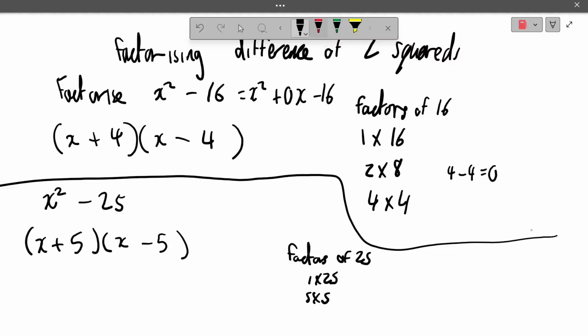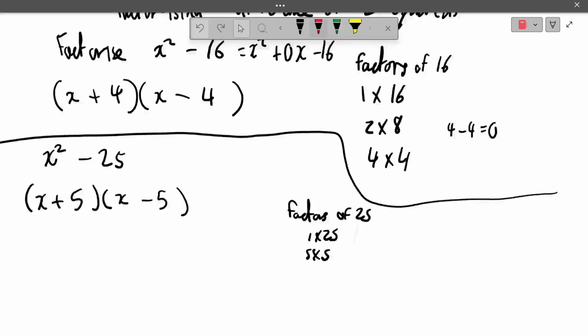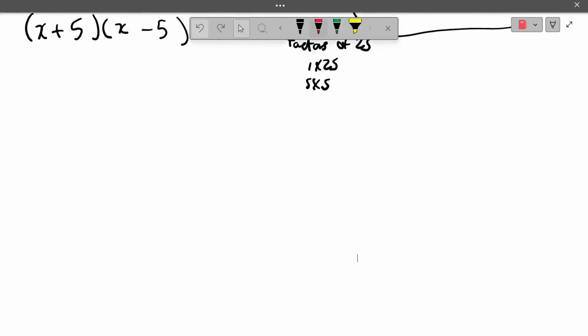Now, hopefully with this, you're able to spot that the square root of 16 is 4 and the square root of 25 is 5. So with these ones, where you just have an x squared and a number, we are kind of going to do square roots of our terms.